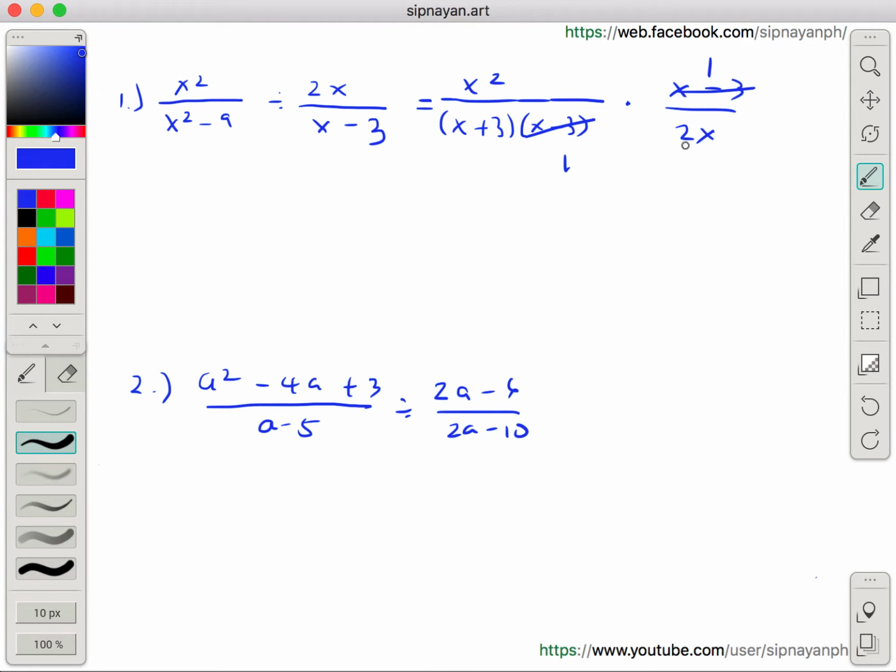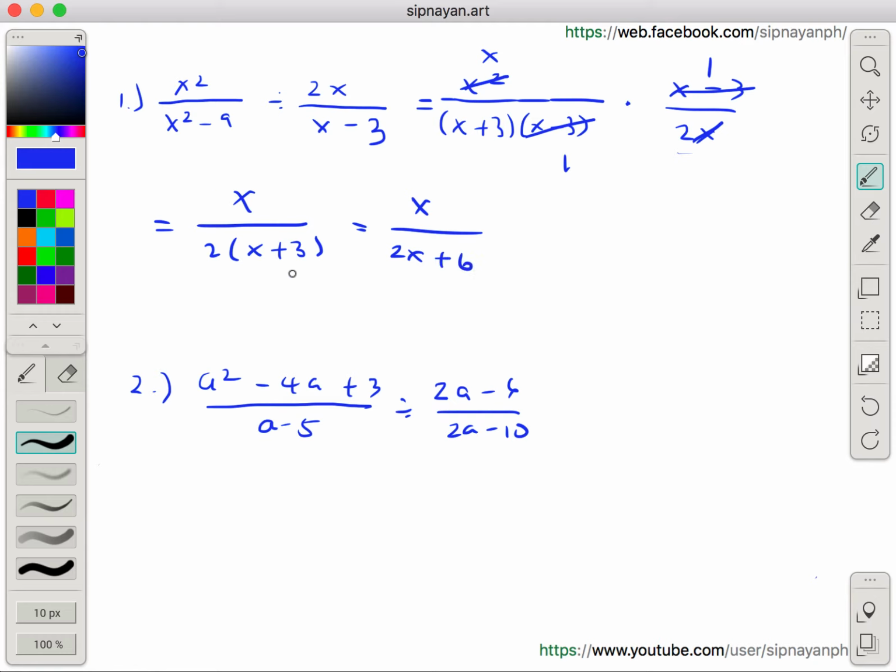And then yung x squared tsaka 2x, x squared is x times x, so meron pa tayo matitirang x dito, at mawawala yung isang x natin dito. So meaning the quotient is x times 1, which is x over 2 times quantity x plus 3, or equals x over 2x plus 6.